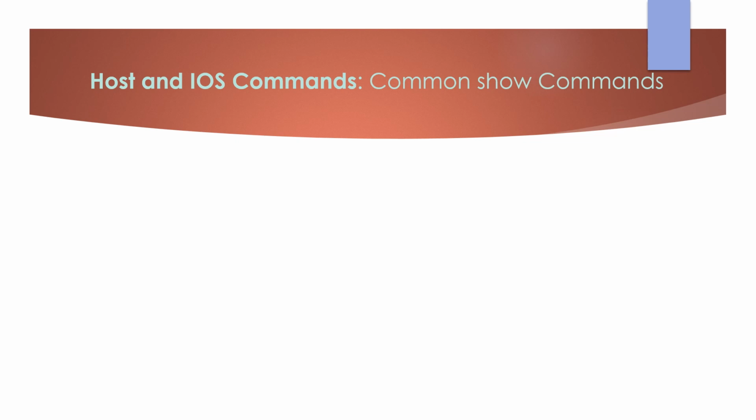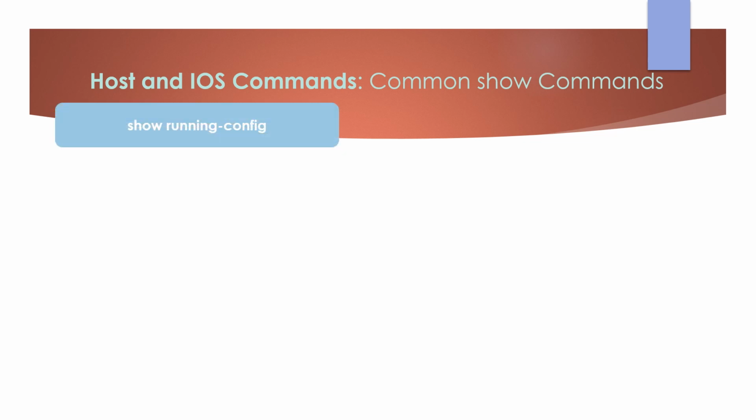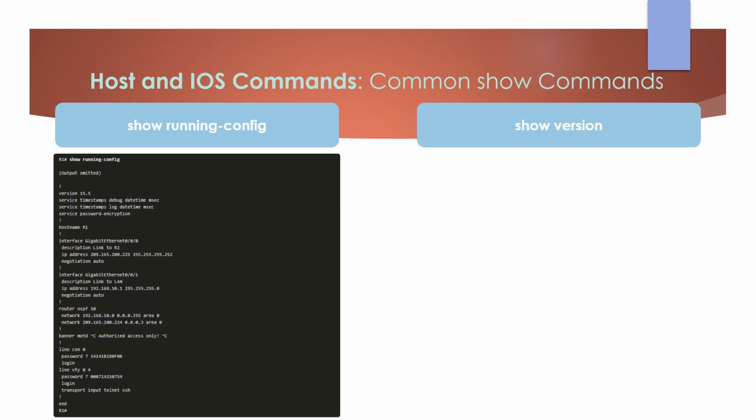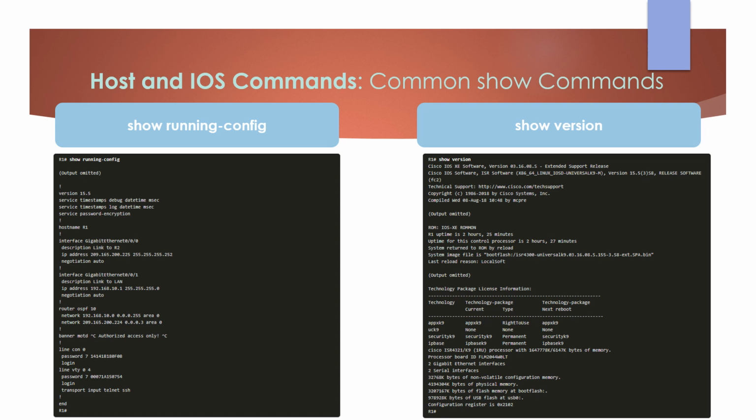If we use the show running-config command, we will be able to verify the current configuration and settings as it is shown here in the slide. By using the show version, we will be able to verify the memory, interfaces, and license of the device.